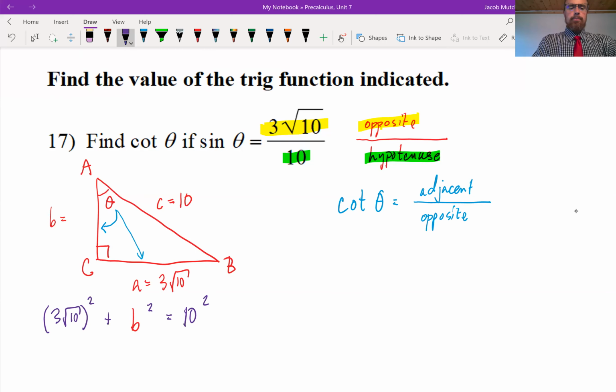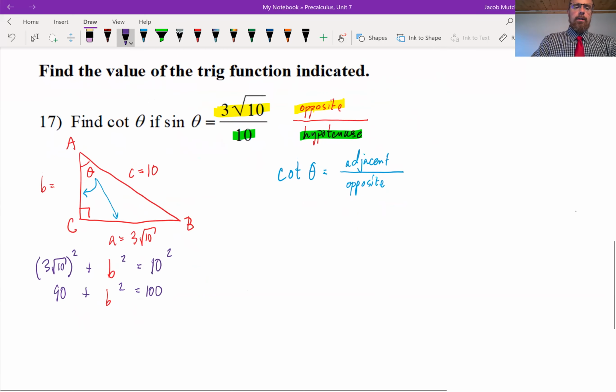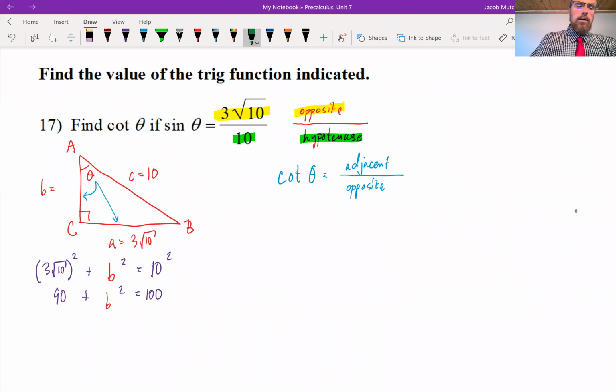So just as in our previous examples, I'm going to start the solution for B by squaring these values. So 3 times the square root of 10 squared is going to be 9 times just 10, or 90, plus B squared equals 10 squared, which is going to be 100. And at that point, I'm ready to subtract 90 over.